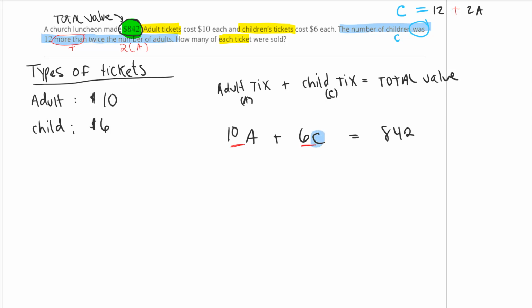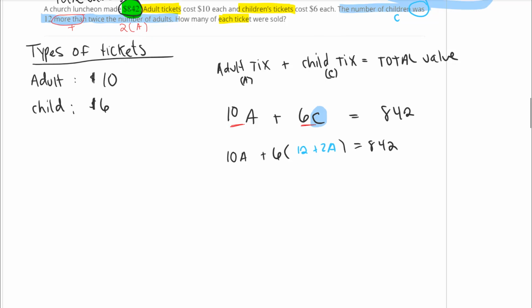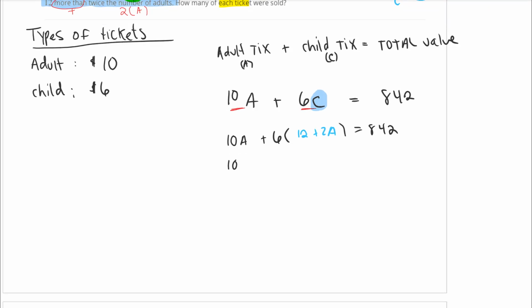So now whenever I see that variable C, I can go ahead and plug in this equation here. So I'm going to have 10A plus 6 times the quantity 12 plus 2A is equal to 842. Now I would have 10A plus, and I would distribute that 6 to give me 72 plus 12A is equal to 842.